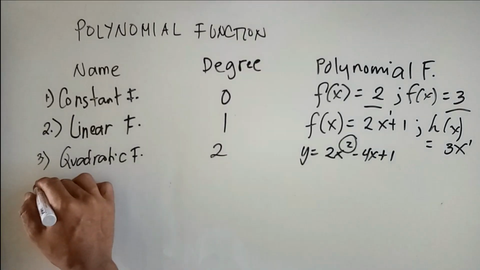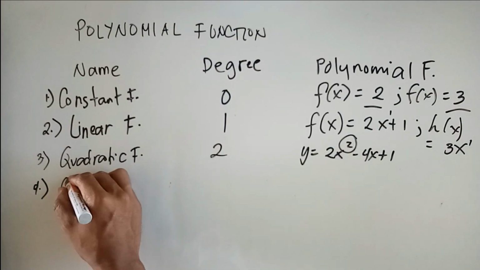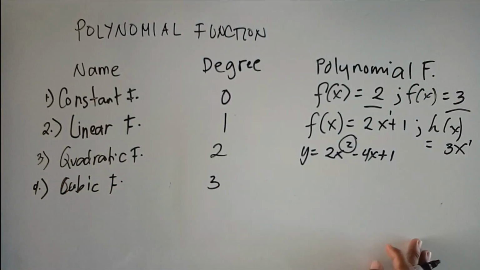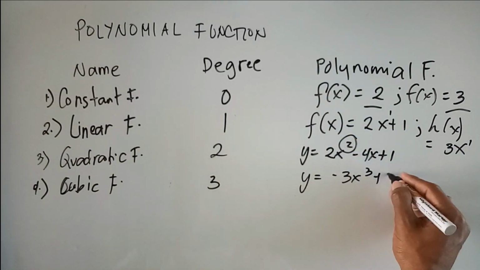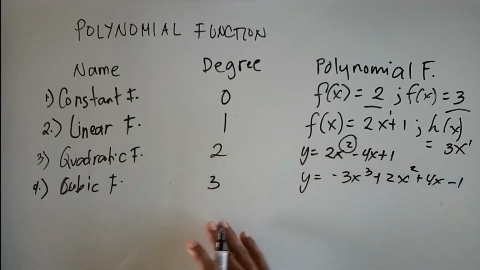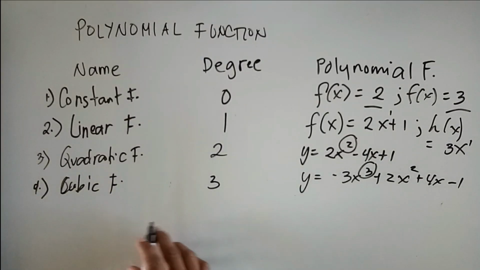For number 4 you have the cubic function, which has a degree of 3. For example, negative 3x cubed plus 2x squared plus 4x minus 1, and so on. As long as the highest exponent is 3, that is a cubic function.